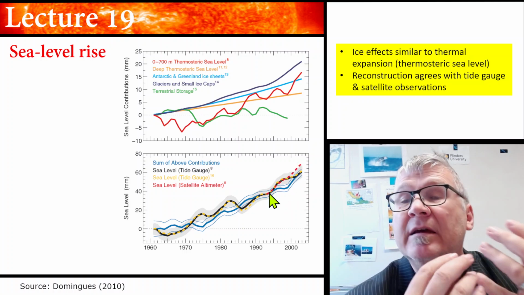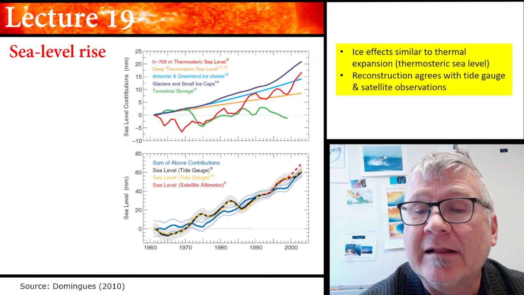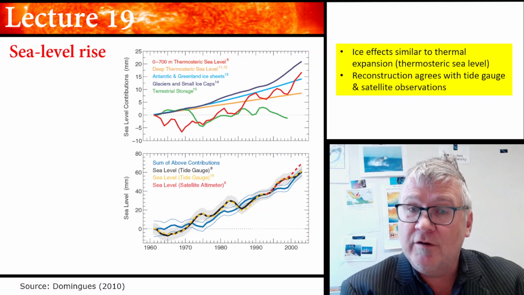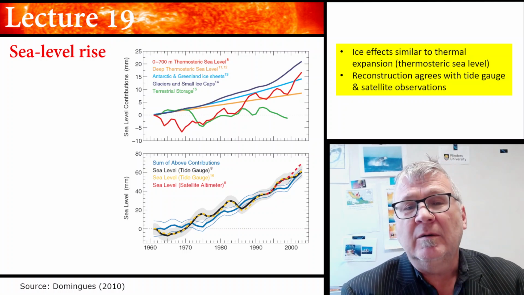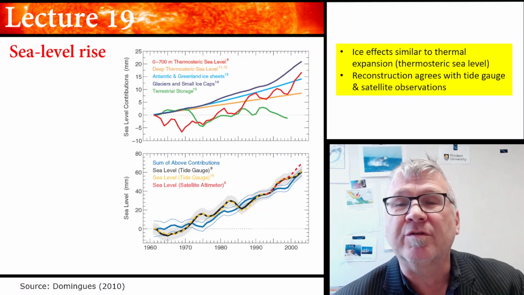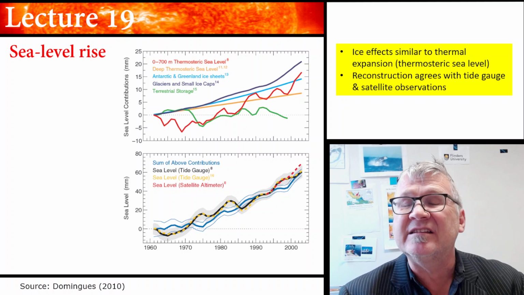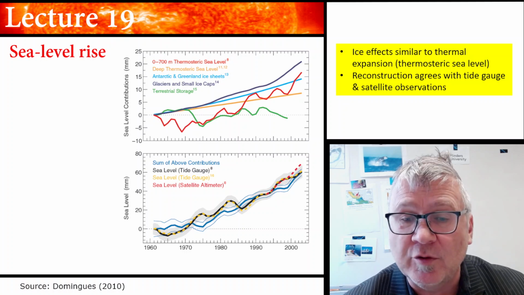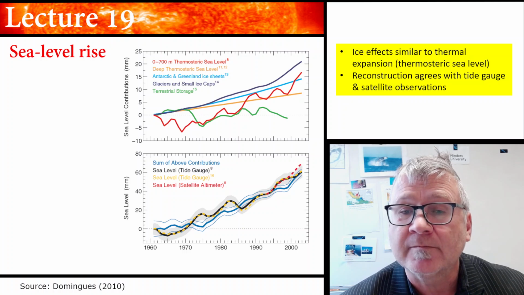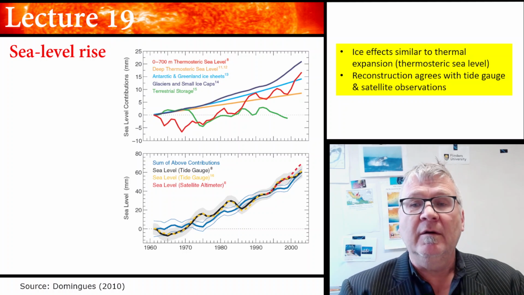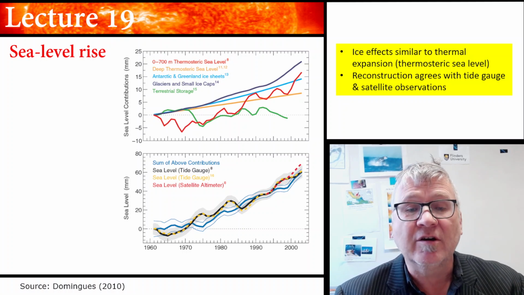So you can see that this reconstruction works out well. What we learn from that exercise is that both thermal expansion and the melting of ice equally contribute to the observed sea level changes. So the reconstruction agrees with tide gauge and satellite observations.